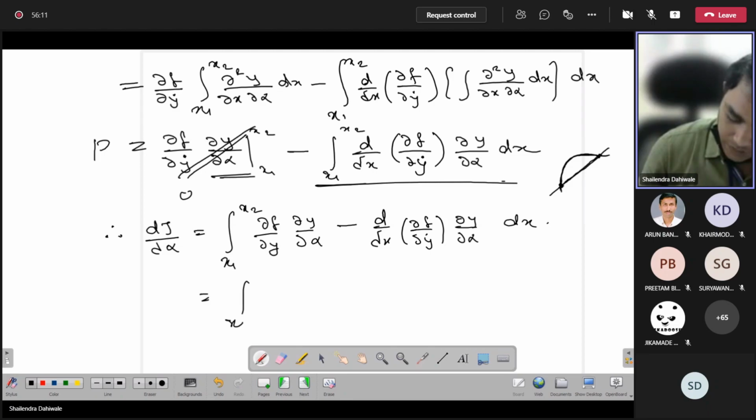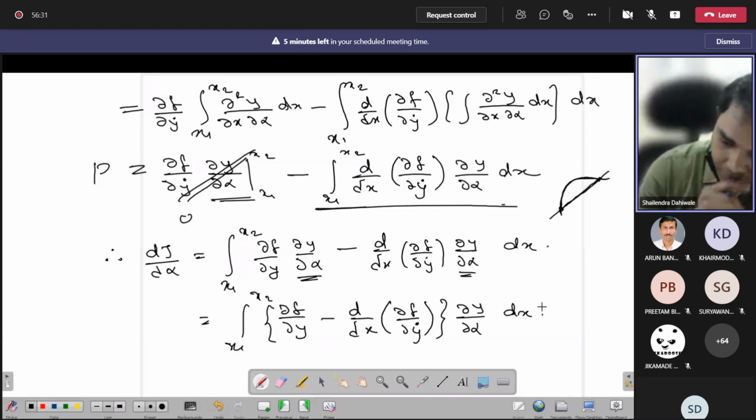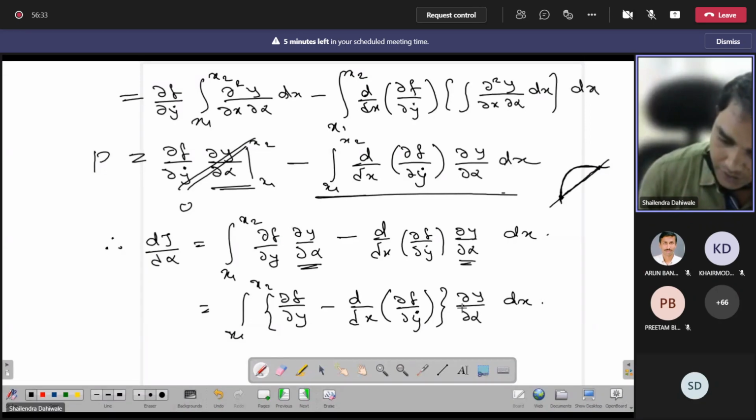If you take out this integral x1 to x2, del f by del y minus d/dx of del f by del y dot, and I take these two terms common, so del y by del alpha dx.